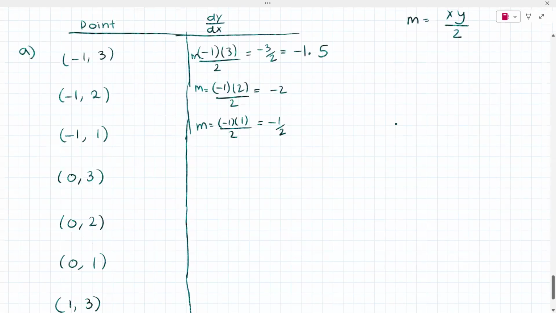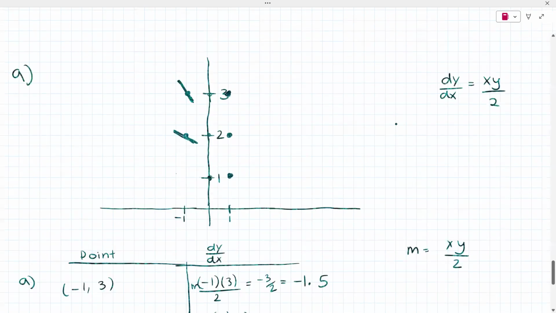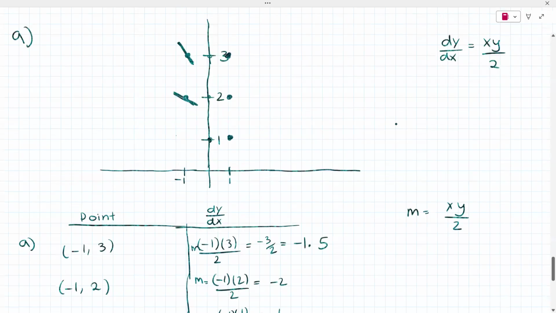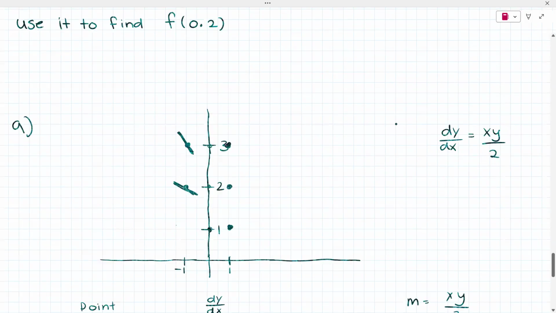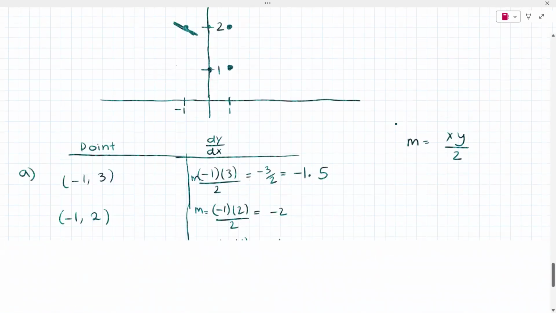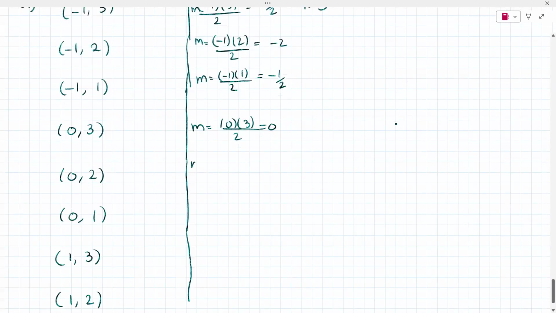Okay. The next one, my x is 0, my y is 3, all over 2, so that's 0. What does a slope of 0 look like? It goes completely horizontal, right? So 0, 3 would be this point right here, and then you just make a horizontal line like that. What about the next point, 0, 2?